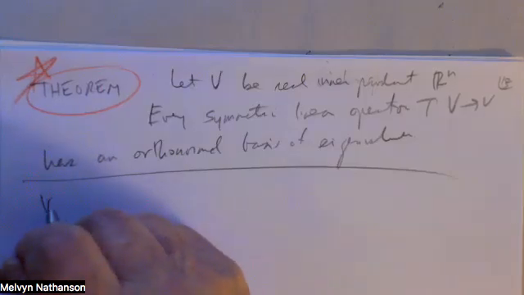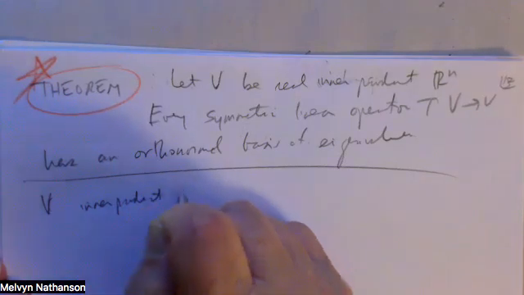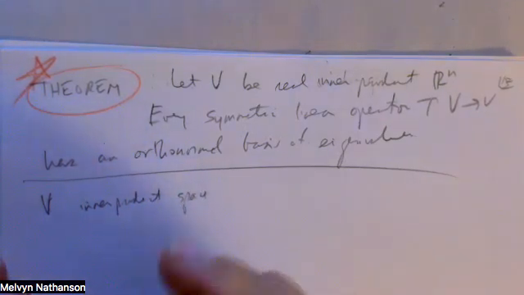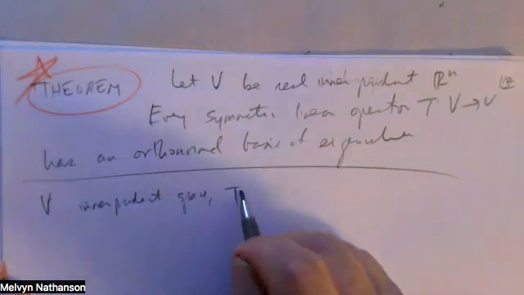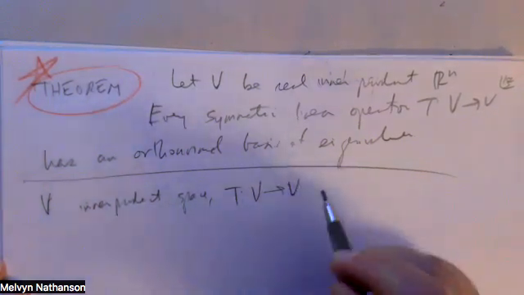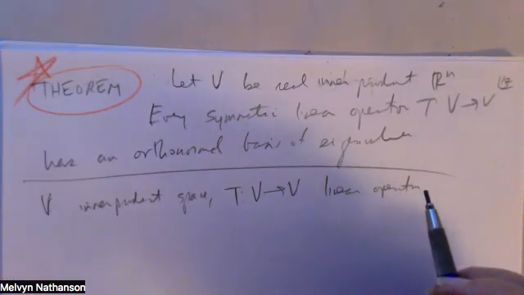Let's just say, suppose V is an inner product space, and T from V to V is a linear operator.